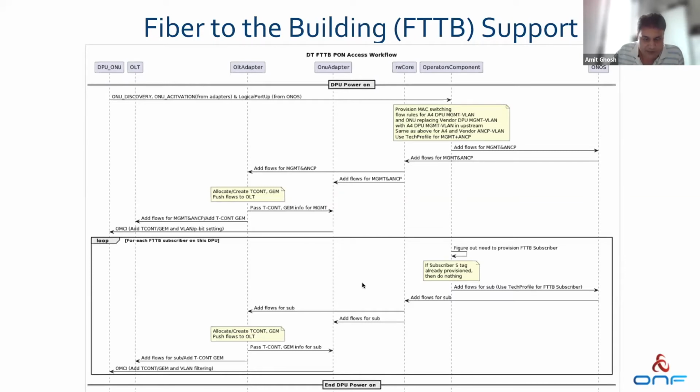For each of the subscribers, pretty much the same would happen, but here the flow rules would be added for the specific VLANs of the subscribers. Again, we have made some changes to the SADIS services or the SADIS Uniport service so that we can add the specific flow rules. But this is pretty much the same as FTTH.